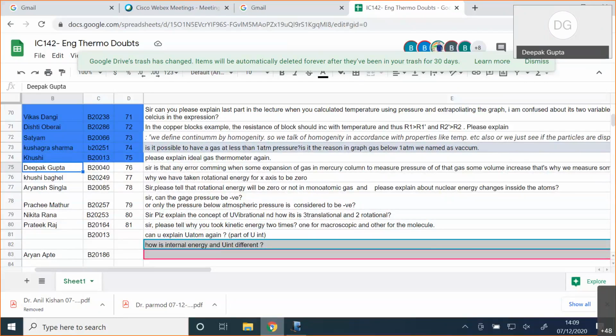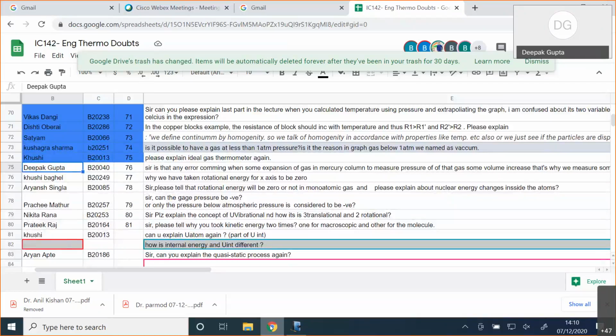Sir, the gas from the container goes into the mercury column, so the volume of the gas increases.